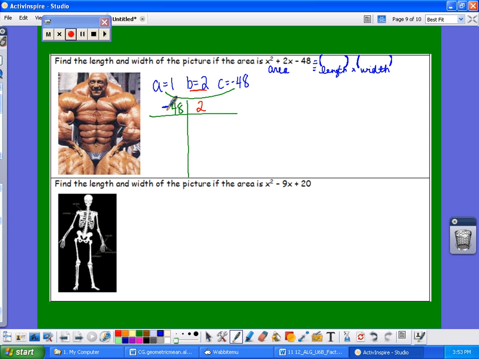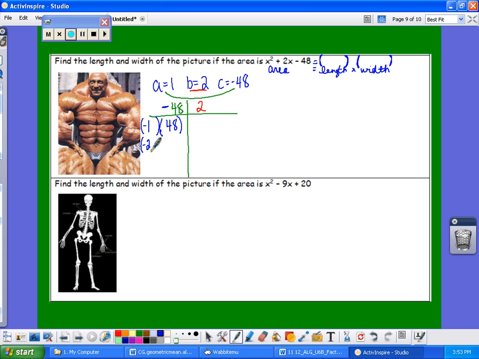But because it's negative, that means when two numbers multiply, one has to be positive, one has to be negative. So 1 and 48. Which one will be positive and which one will be negative? The 48 is positive because the 2 is positive, and the 1 is negative. The largest one has to be positive.